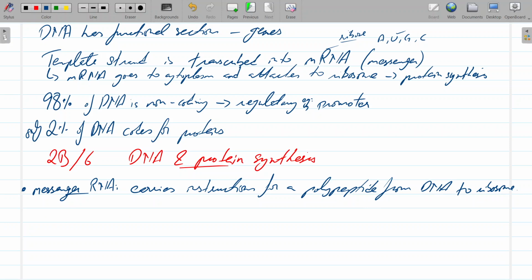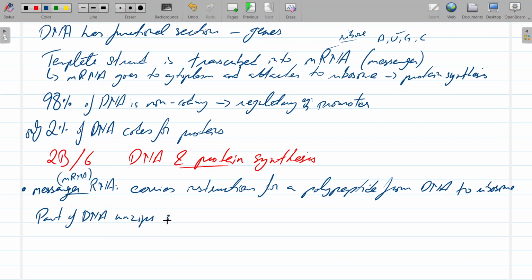Talking about that further, it's written as mRNA for short, the m being lowercase. What happens is when a certain segment of DNA, a certain gene, needs to be coded for to make the protein, part of the DNA unwinds or unzips.